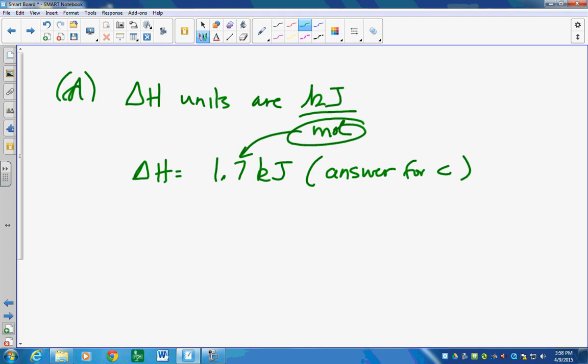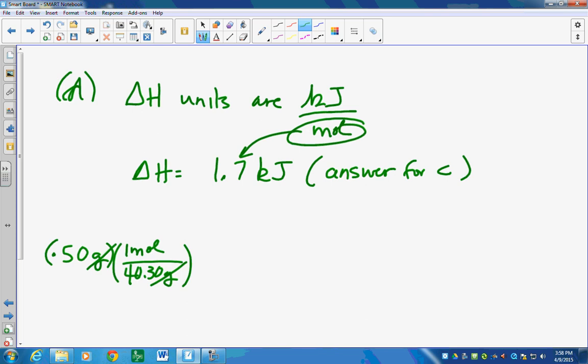And so what you do is you take the trial 2, you have half a gram. Well, we know that there's 24.30 grams in a mole of MgO.